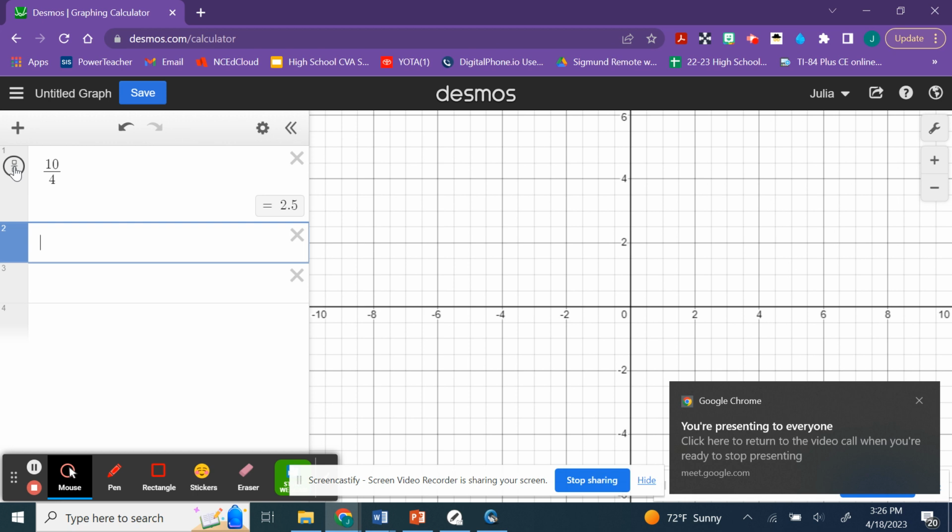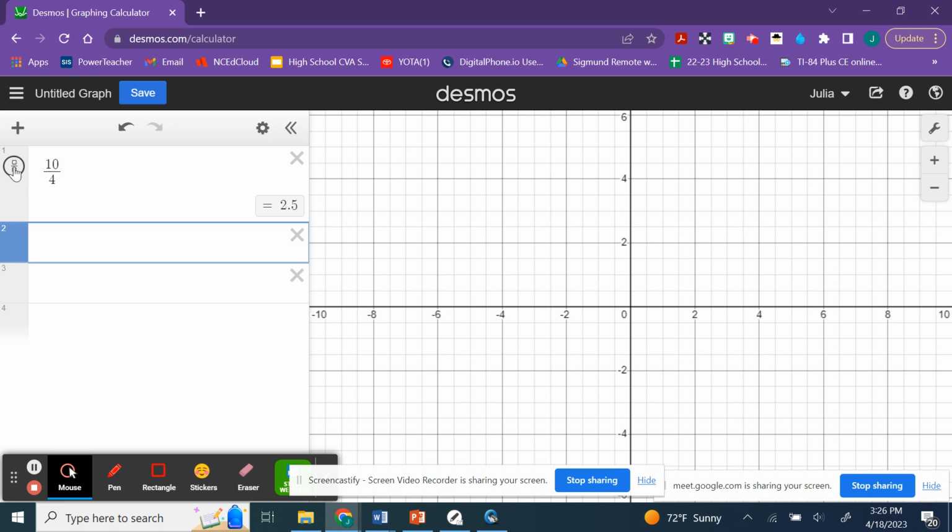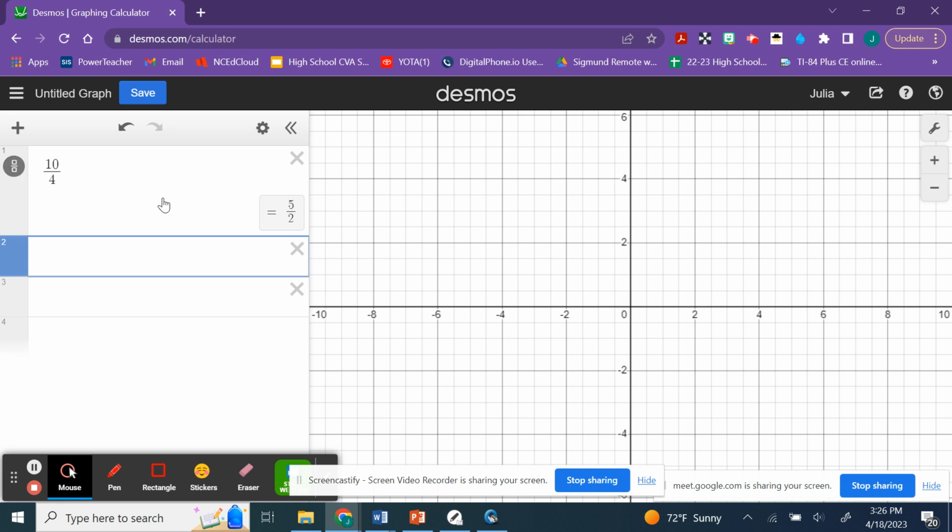If you click it, I'm sorry, my computer's lagging, it gives you the reduced. So this is where you reduce the fraction. If you want the decimal back, you just click it again, and it should go away. So when it's not dark, you have your decimal, darken it, and it will reduce your fraction. If it gives you the same fraction back, it is in its simplest form. So that's a way to make Desmos do that for you. So just type in your fraction, look to the left, and that should reduce it for you.